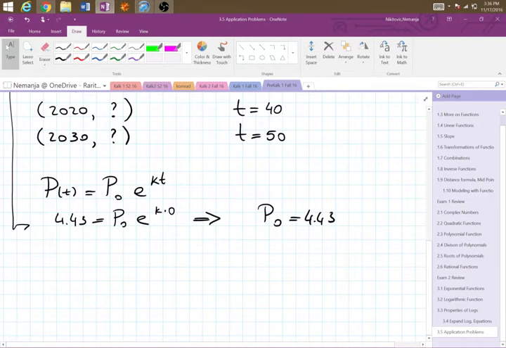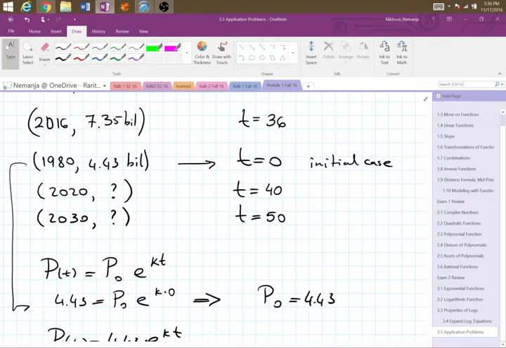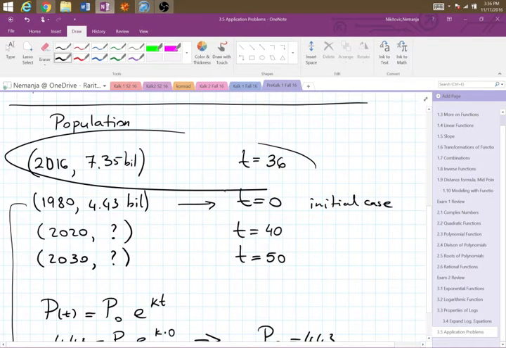So now that I have P0, I can compile the model: P of t is equal to 4.43 e to the kt. I still need to figure out k, which is what you have the other point for. Remember, you have a point that says 36, comma, right? This one over here, this point.